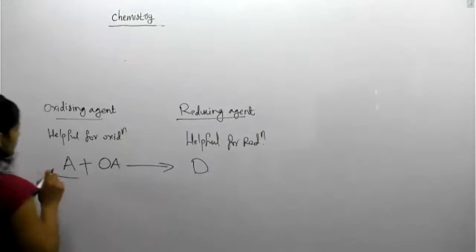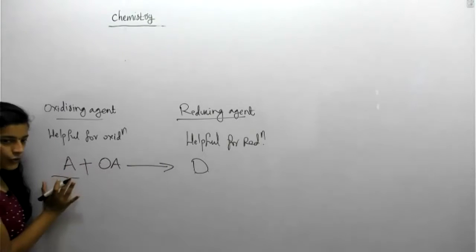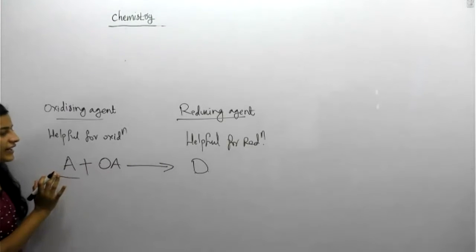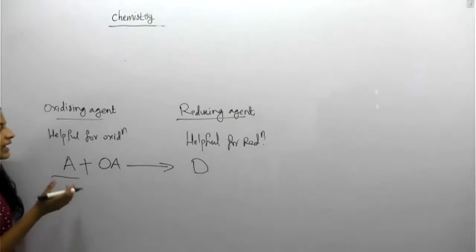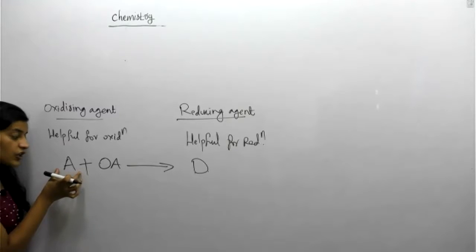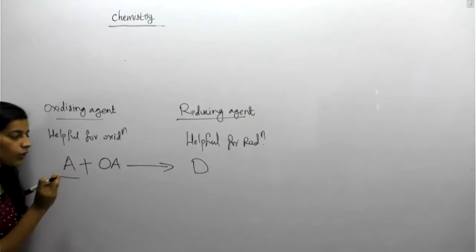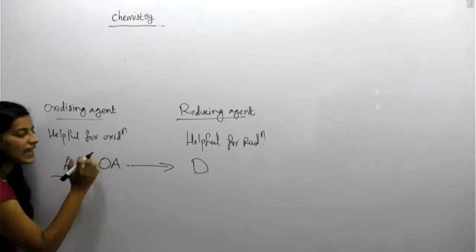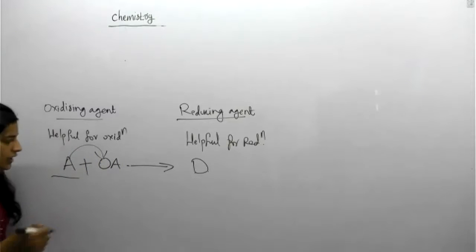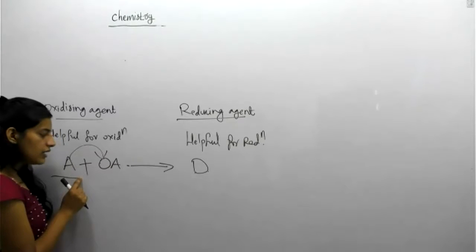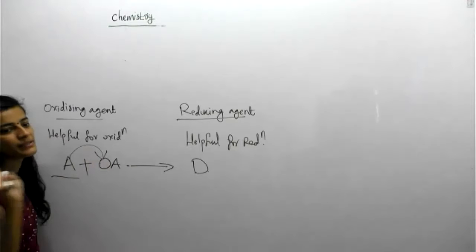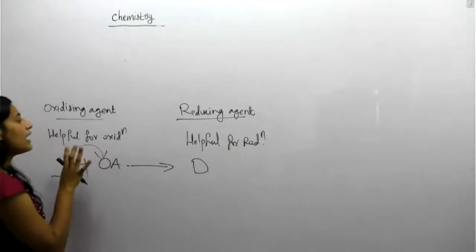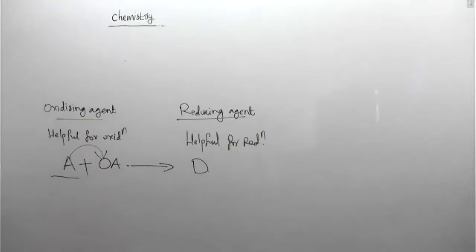Because the oxidizing agent is with A, A has a tendency to lose electron, and this A will undergo oxidation only when the oxidizing agent has a tendency to accept that electron. Then only this becomes possible. Clear enough? So the oxidizing agent is helpful for oxidation.